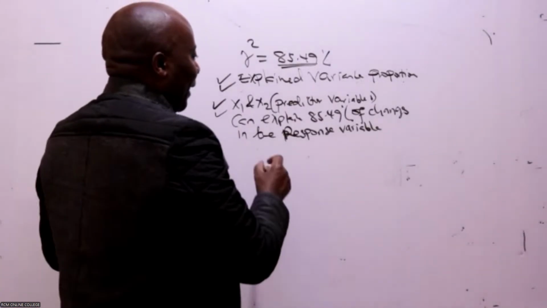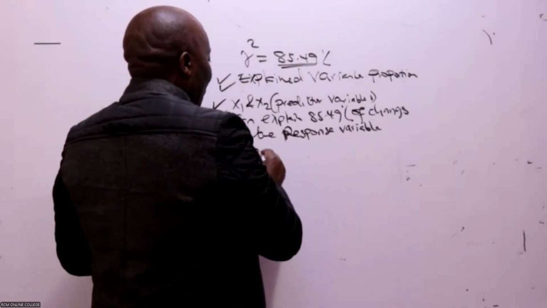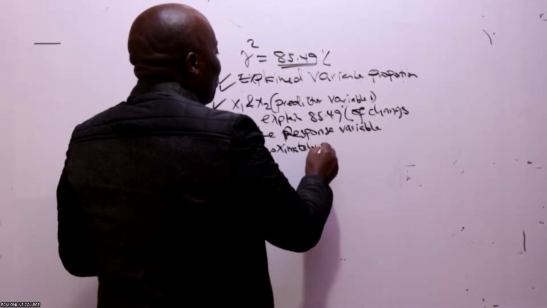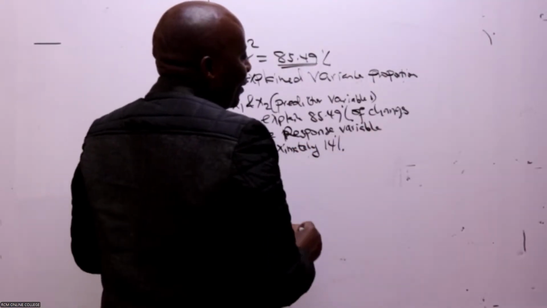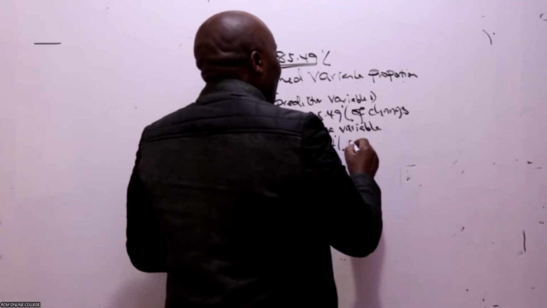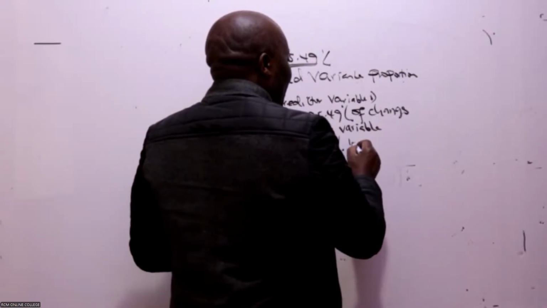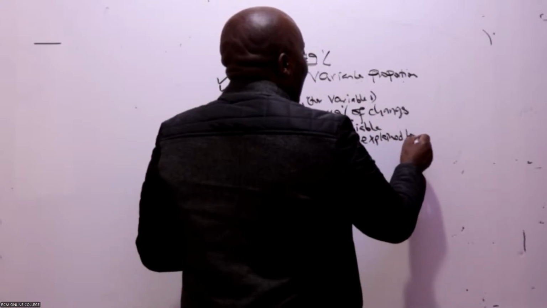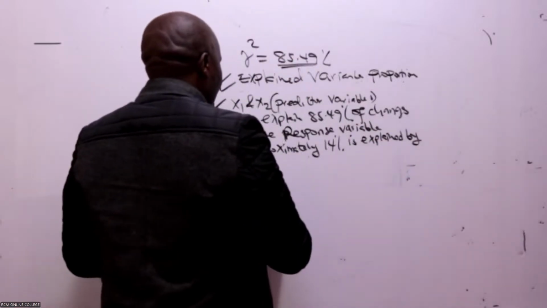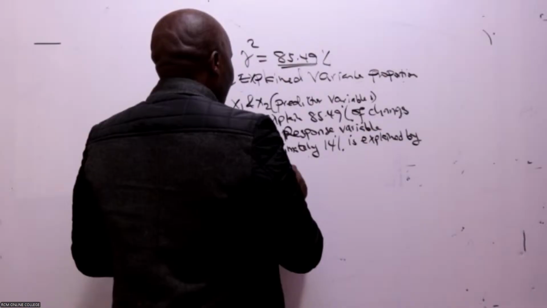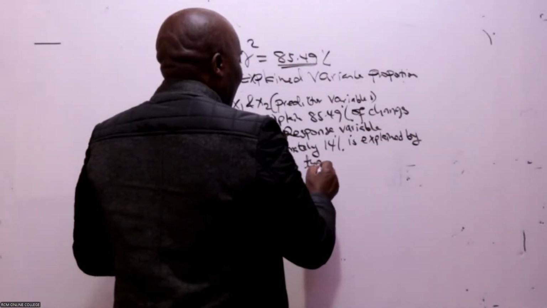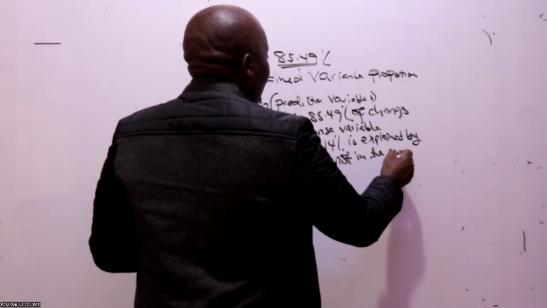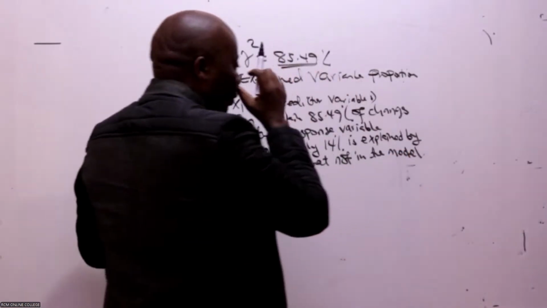So approximately 14% is explained by variables that are not in the model, what we call exogenous.